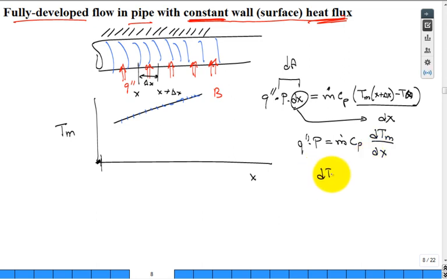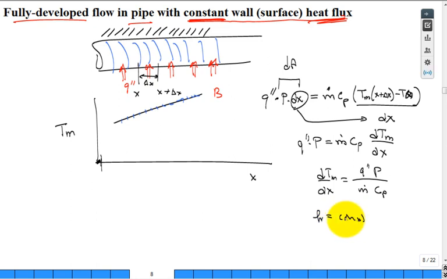So dT_m/dx is equal to Q double prime P divided by m dot C_p. Everything over there is a constant. The mean temperature is just a straight line. Increasing, increasing, increasing.